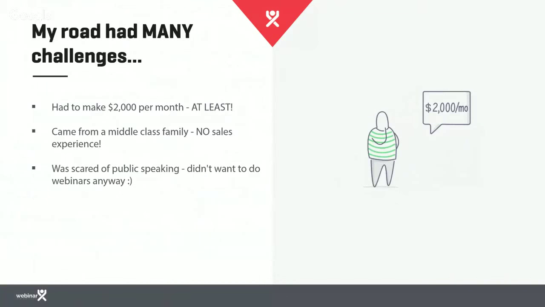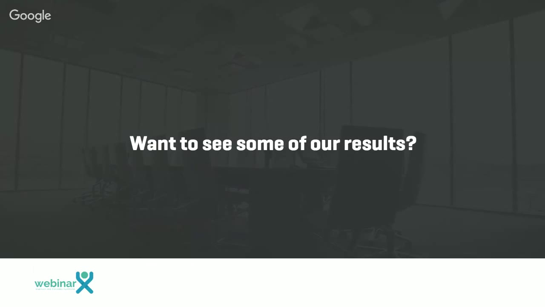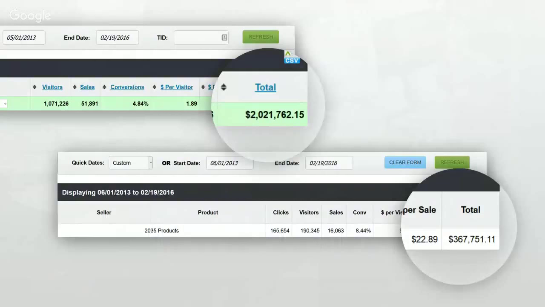Now we're going to focus on the passive income model. Let me show you some results to prove that this strategy works. Look at that, guys. This is through webinars. We've been using webinars to make every sale. I don't think we have ever promoted any product without using webinars, because this is very important.